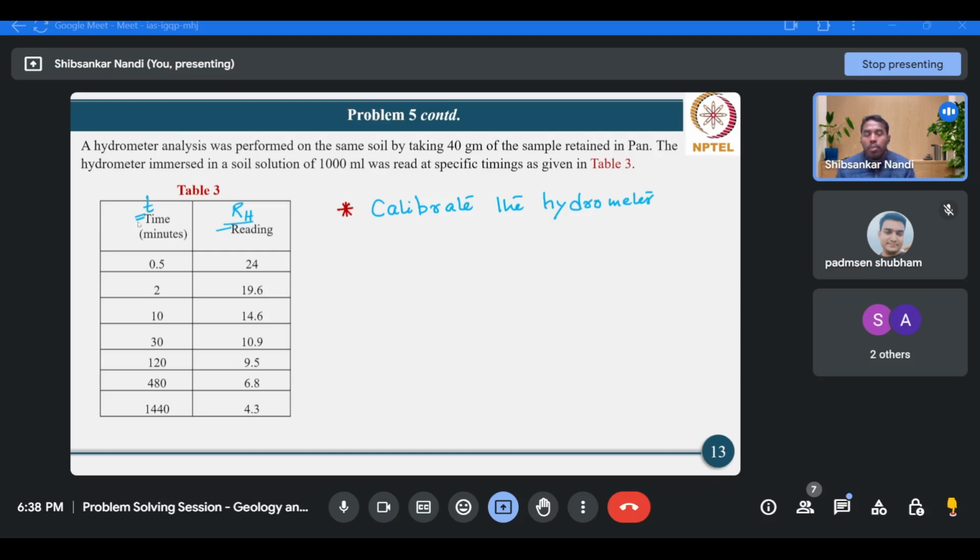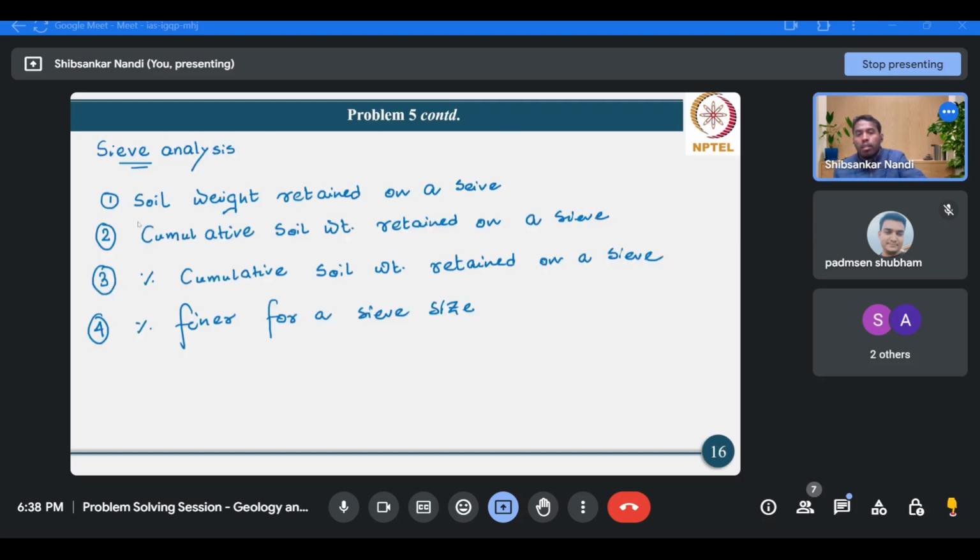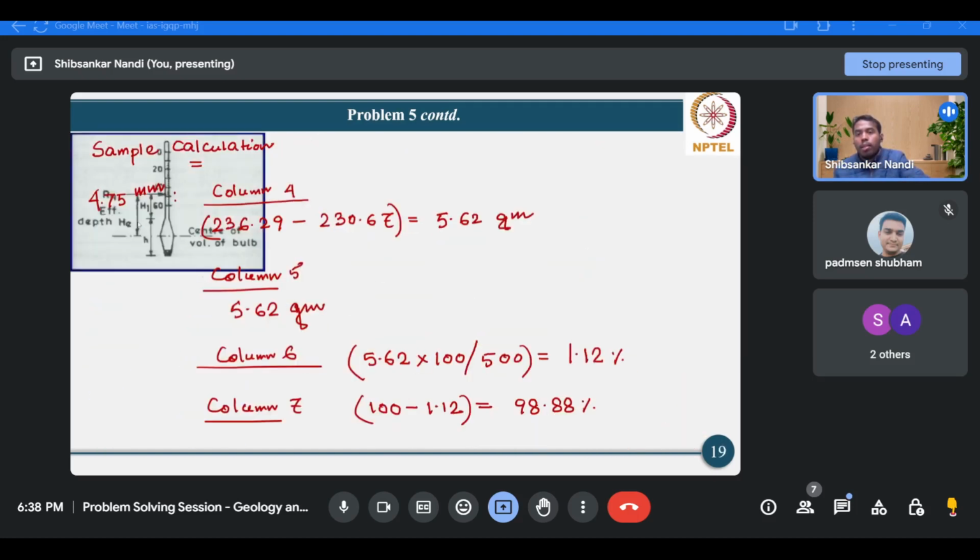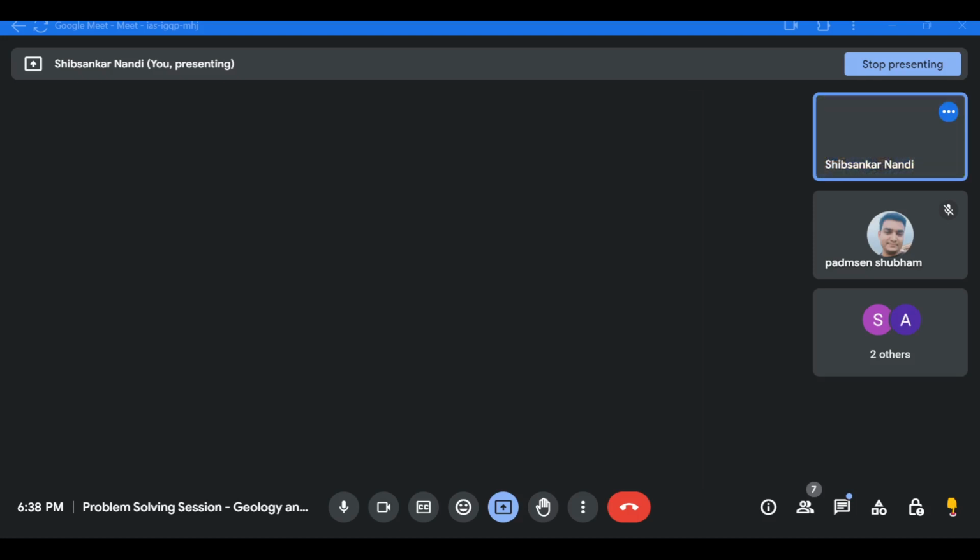So what is the working principle of a hydrometer? Can you please let me know? Any idea? Do you have any idea about how it works?